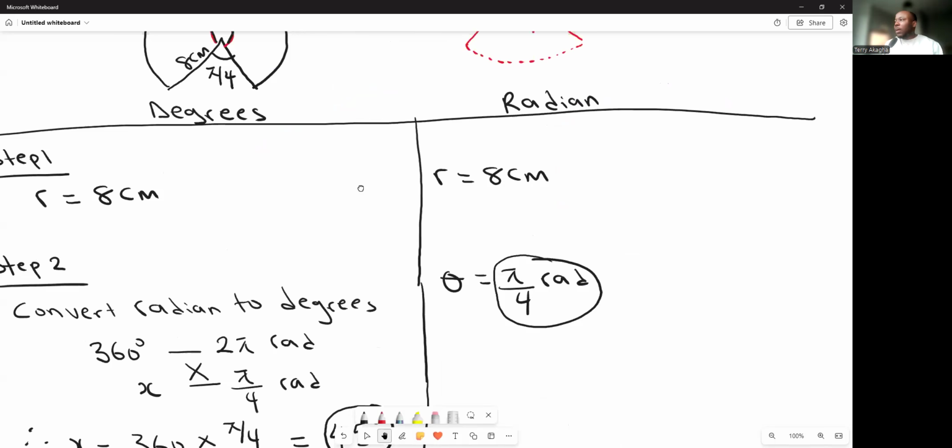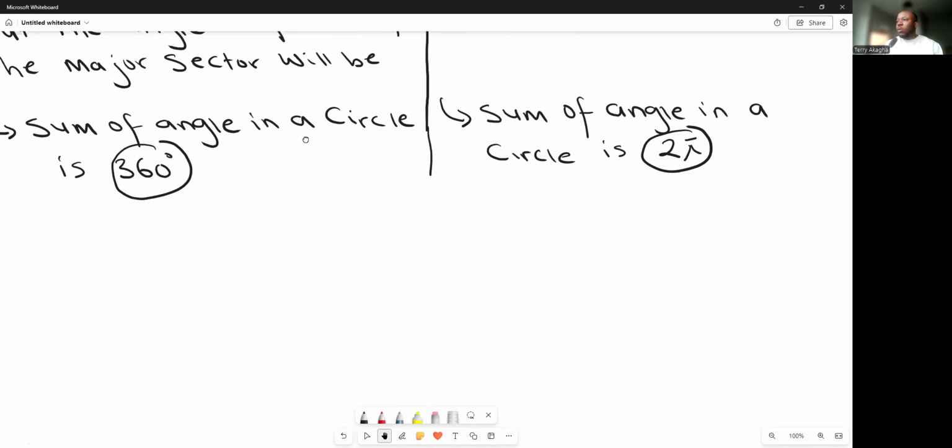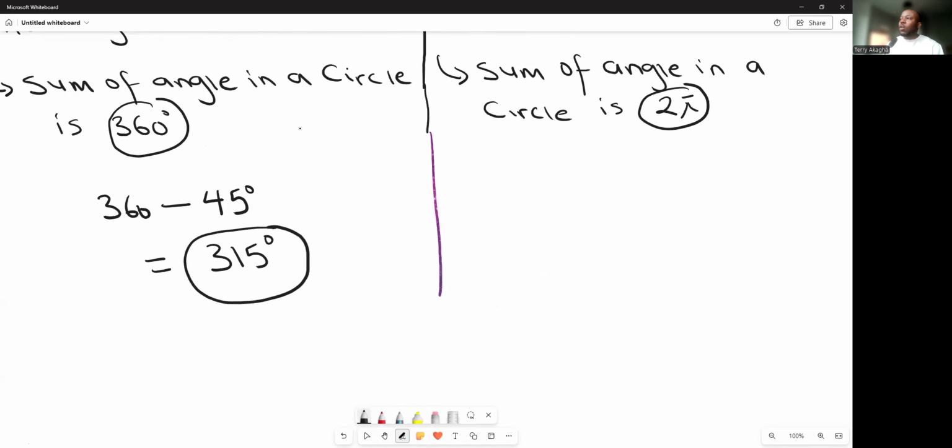So now let's go back. In order to solve this, we do the first one: 360 minus 45 degrees. That will give us the angle that we're going to use, which is 315 degrees. So this is the theta we're going to use to solve.